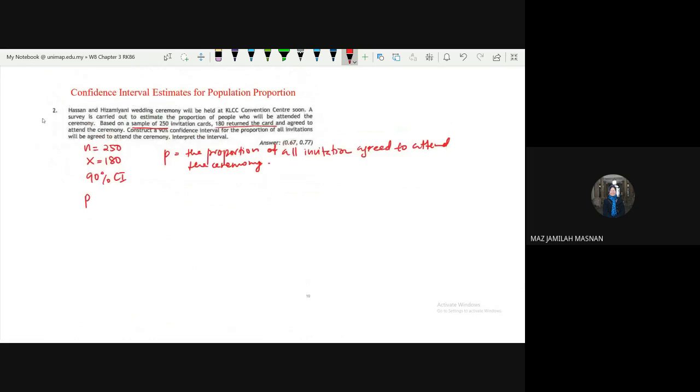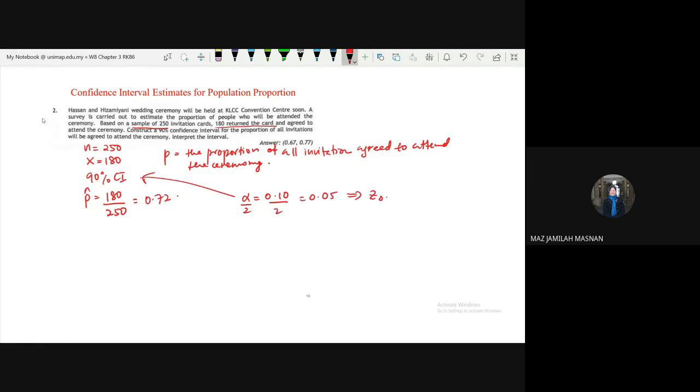Now, your P hat in this case would be 180 divided by 250, so you will get 0.72. When you do your solution, put it in a nice way, because I'm using my limited area, so it's a bit chaotic. So alpha is 0.10 divided by 2, so you will get 0.05.